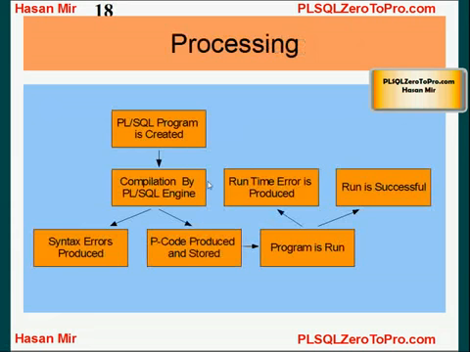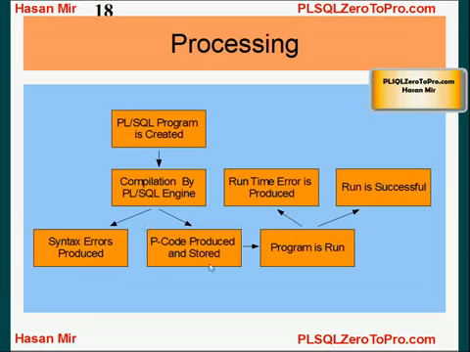Now you need to understand how Oracle processes your PL SQL program. Once you write a PL SQL program, the PL SQL engine compiles it, and if you have made any syntax errors, they will be displayed to you. All the syntax has to be proper. If you're using loops or IF THEN conditions, all the keywords should be there, otherwise it won't run. Otherwise P code will be created.